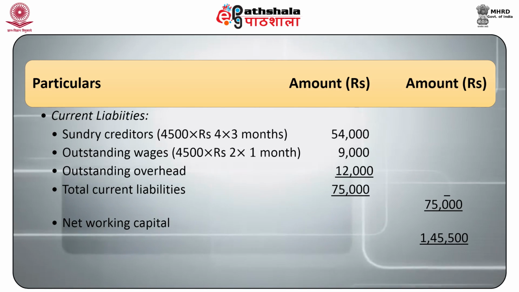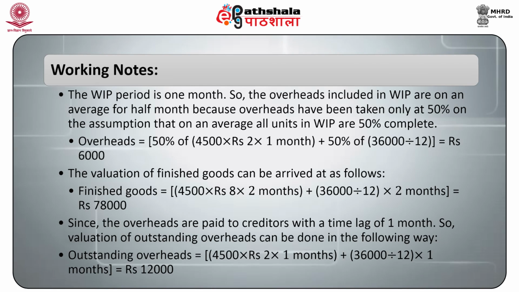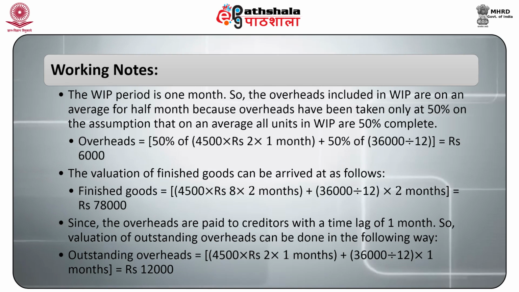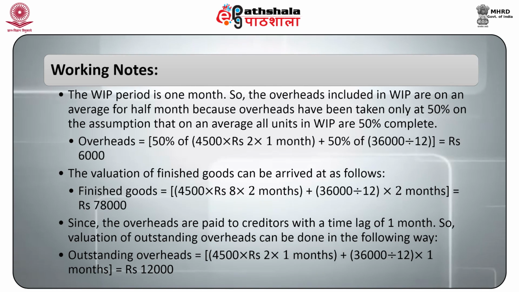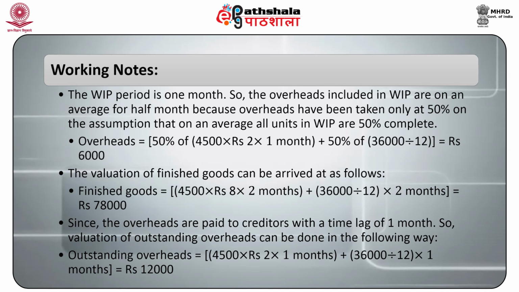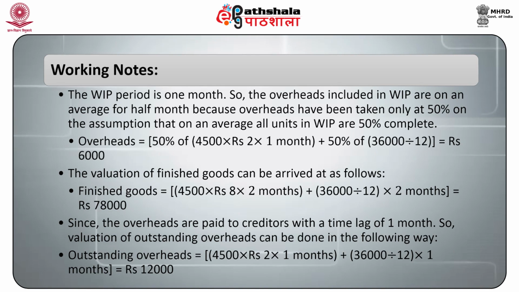This all would give us the net working capital. There are some working notes for this also. The work in progress period is 1 month, so the overheads included in work in progress are on an average for a half month, because overheads have been taken only at 50% on the assumption that on an average all units in work in progress are 50% complete.